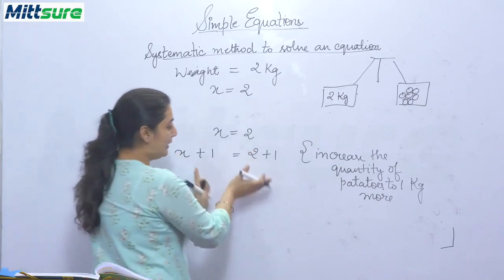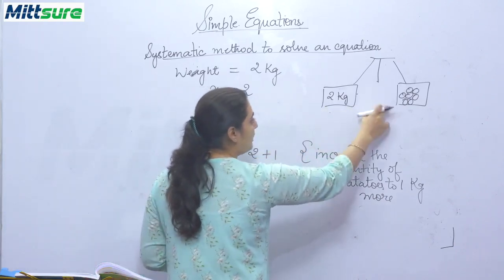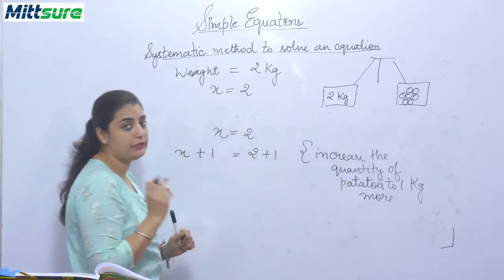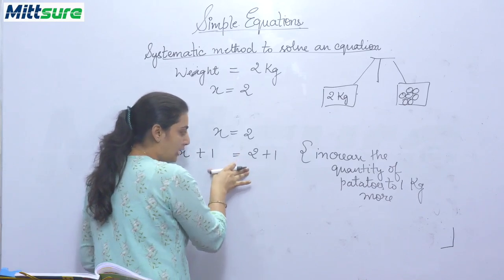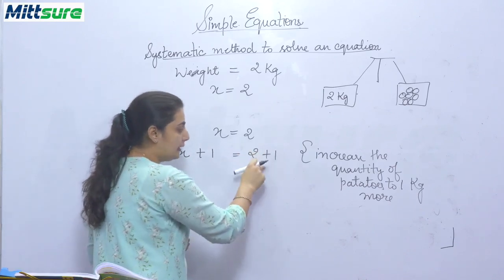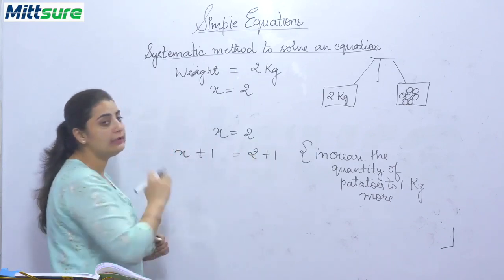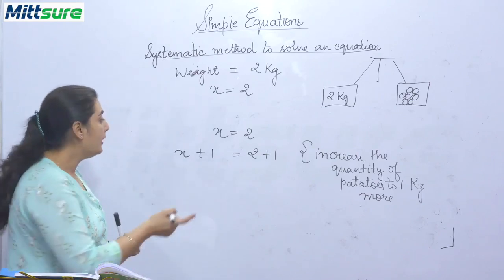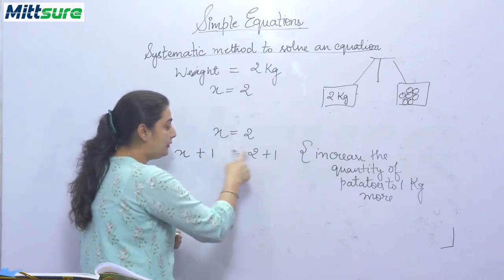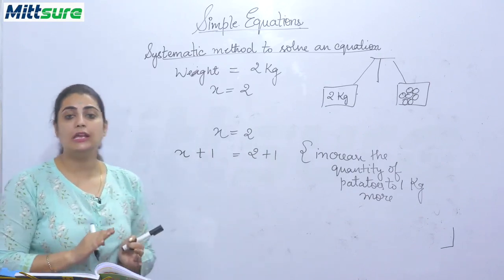To get a balanced equation, as I have spoken about the balancing of the pans of the weighing balance, similarly I am talking of the balancing of the equation. If I am increasing the quantity of potatoes here, I have to increase the weight on the other side of the pan. So now I am adding the same quantity to both sides of the equation.